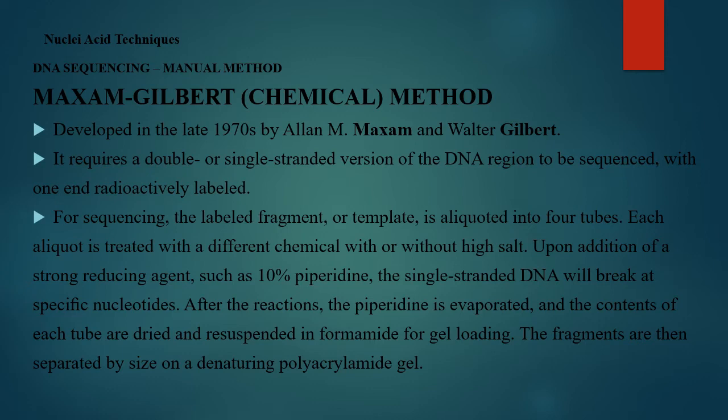Now, after the reaction, the piperidine is evaporated, and the contents of each tube are dried and resuspended in formamide for gel loading. Now, the fragments are then separated by size on a denaturing polyacrylamide gel. So you are going to do electrophoresis over there.